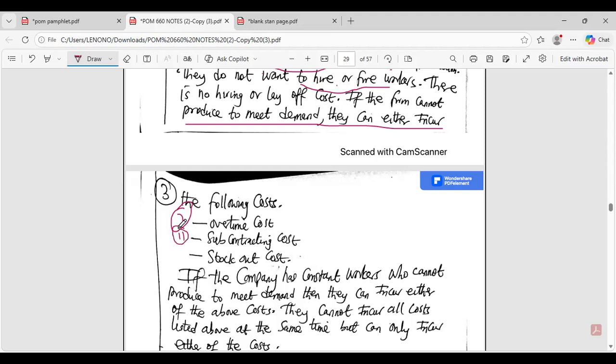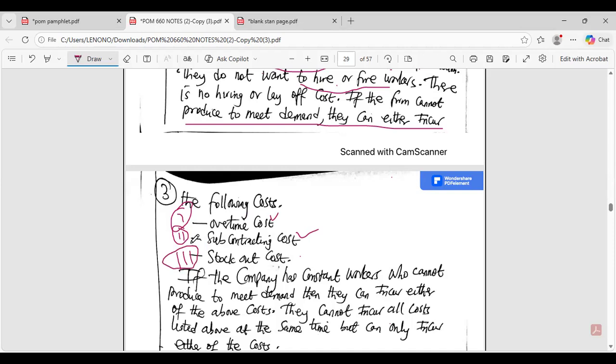Then the other aspect is where you cannot allow overtime and you cannot subcontract. You can just be honest enough and declare that you don't have stock and incur the cost of losing business, which is what we call the stock out cost.